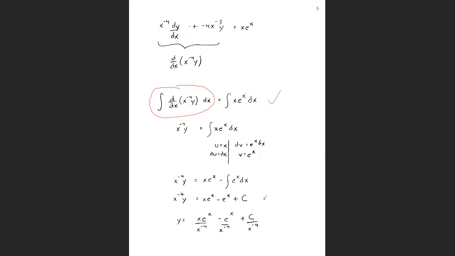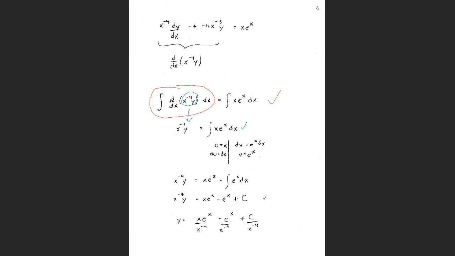Well, when you take the integral of a derivative, what do you get? Just the function. That's right, Justin. And that's what we have right here. And so that's what comes out. And now you'll be able to solve for y, because all we need to do in the end, after we integrate the right-hand side of this equation, is divide by x to the negative fourth.